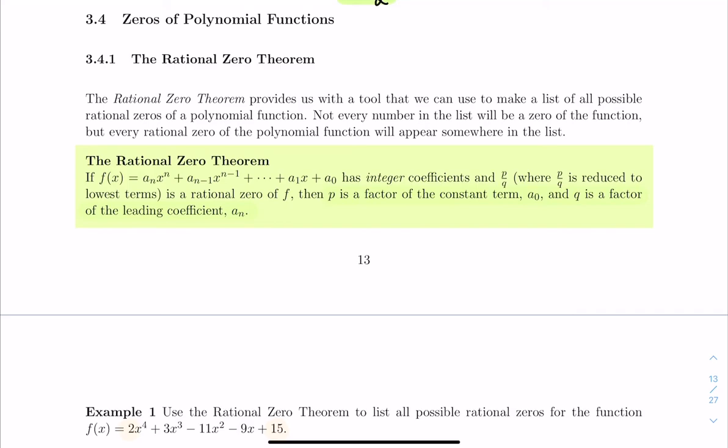So the rational zero theorem states that if f of x is a polynomial and has integer coefficients, and p over q, where p over q is reduced to lowest terms, is a rational zero of f, then p is a factor of the constant term a naught, and q is a factor of the leading coefficient a sub n.